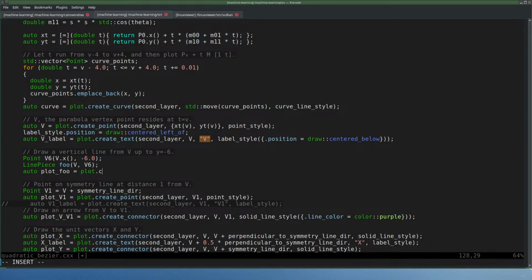Plot dot create line in the second layer from V to, no, just foo. Dashed line style. I think my line style is dashed.